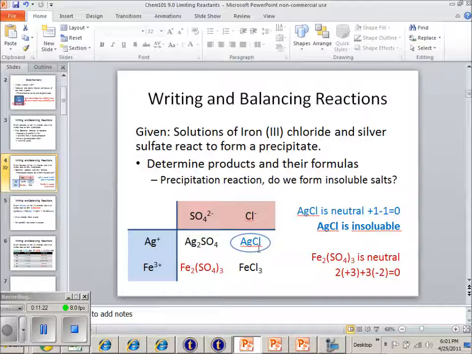And there you go. So you guys actually have all the tools now to start predicting reactions, showing me what they are, and if something happens and I show you these 2 solutions, you'll be able to say, oh, that powder is silver chloride, that stuff isn't just water, there's ions in there, and most of those ions are iron 3 and sulfate 2 minus.